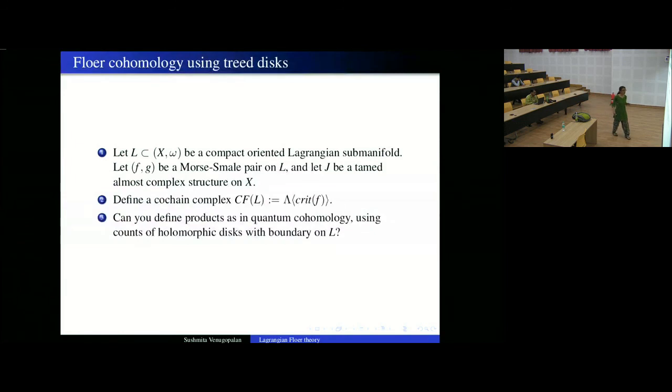Anyway, now I move on to do a similar kind of game with Lagrangian boundary conditions. The pictures are going to be as follows.